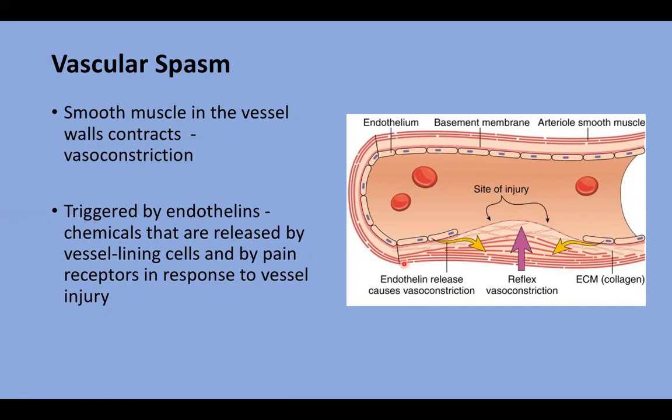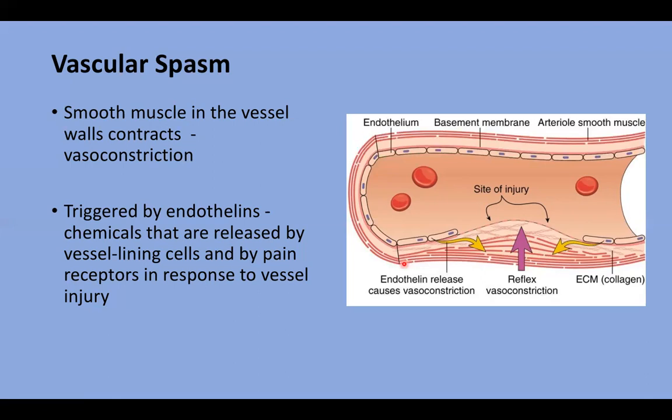Now, why would you want to do this? Well, what happens if someone cuts themselves really bad, you've seen it in movies or hopefully not in real life, and their leg is bleeding? They put on a tourniquet, right? Why are they putting on a tourniquet? Well, they want to stop blood flow to that area, because if you stop blood flow to that area, you're going to stop the blood loss from the damaged vessel.